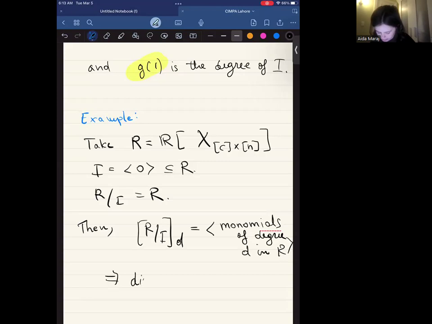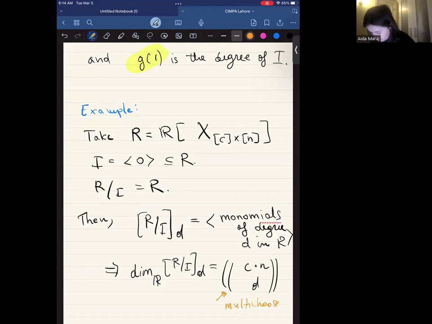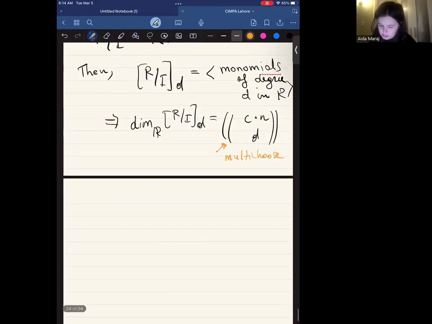That means that the vector dimension of this R mod I in degree D is exactly, how many variables do we have? We have C times N variables, and we choose D of them, and we are allowed to repeat. So this double parenthesis is multi-choose, which, if you want to write it with the old-fashioned parentheses, is C times N plus D minus 1 choose D.